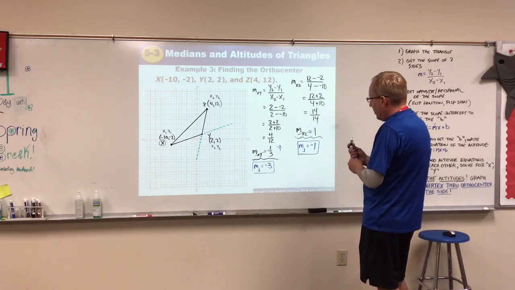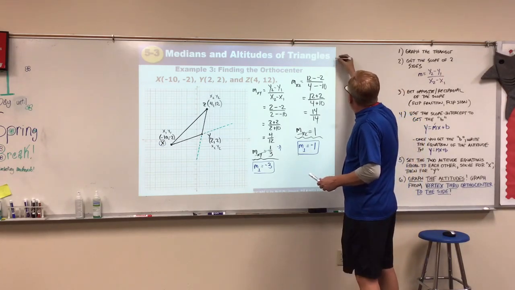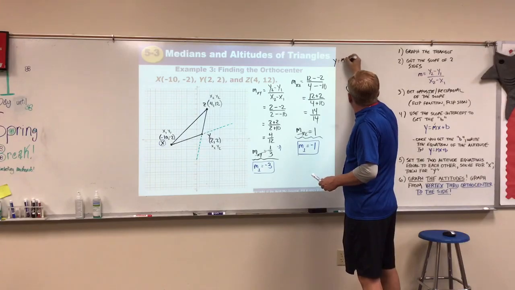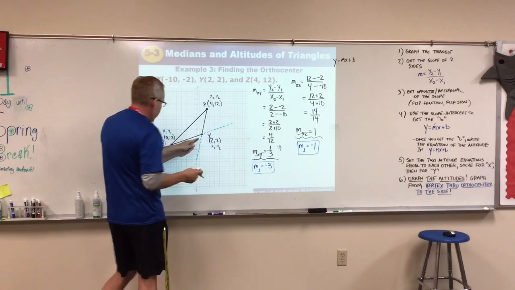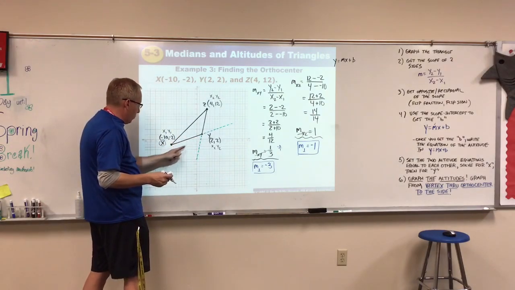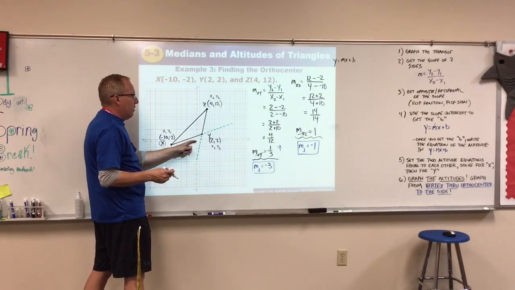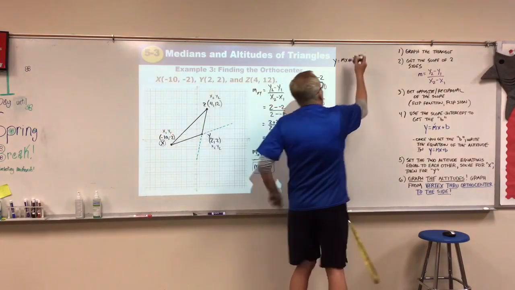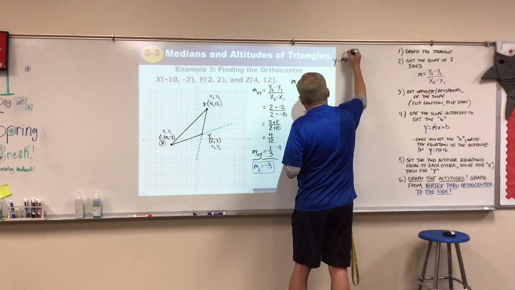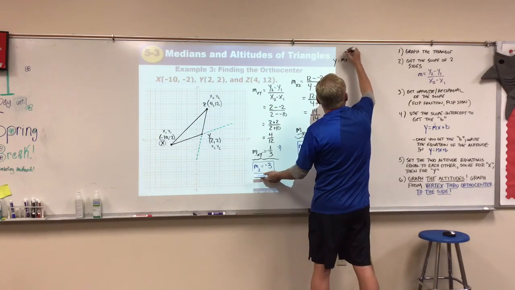So again, I'm going to do y equals mx plus b. And since I'm doing xy, xy is the base I'm using. I've got this as the slope here. I need an x and a y.